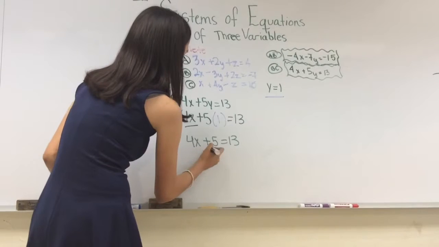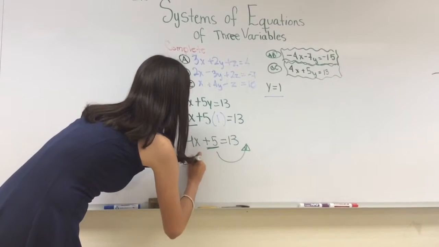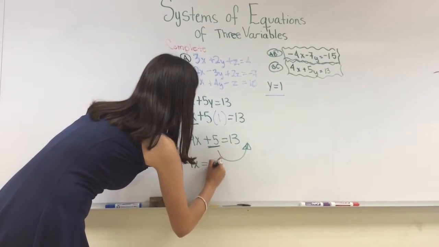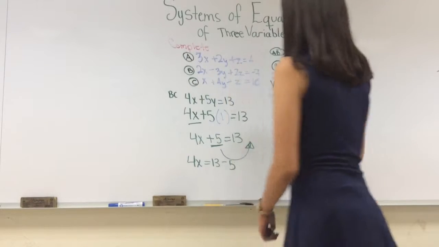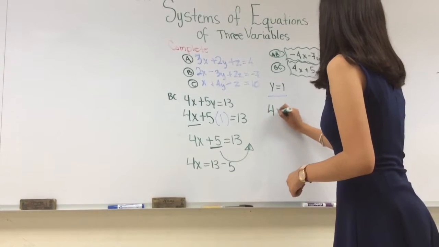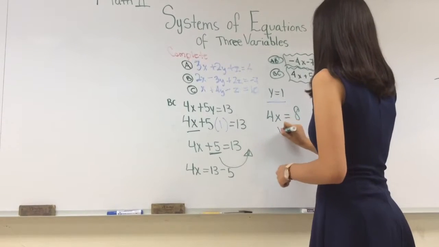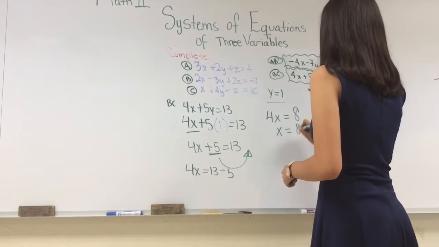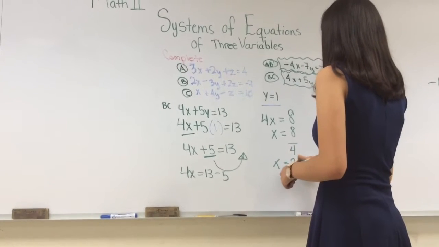Then we're going to pass this 5 to this side, subtracting. It will be 4x equals 30 minus 5. Then it's 4x equals 8. This will be x equals 8 over 4. x equals 2.